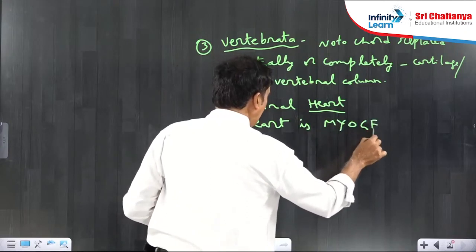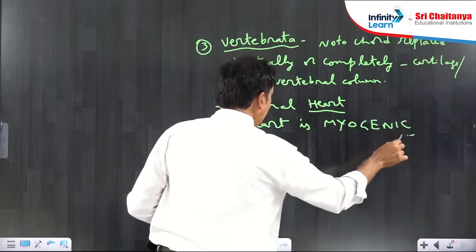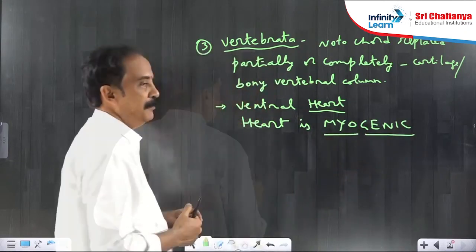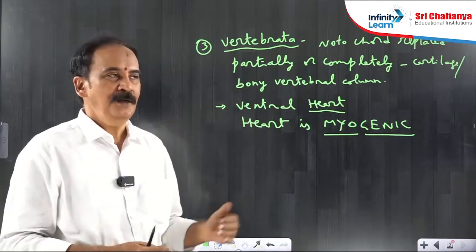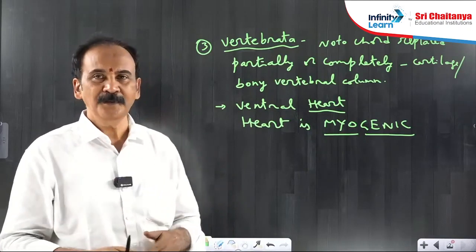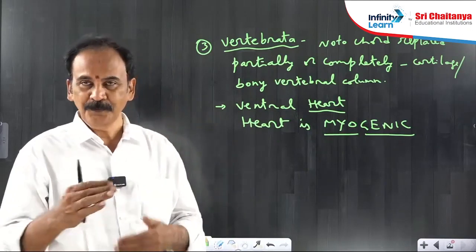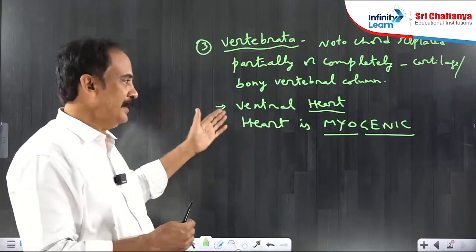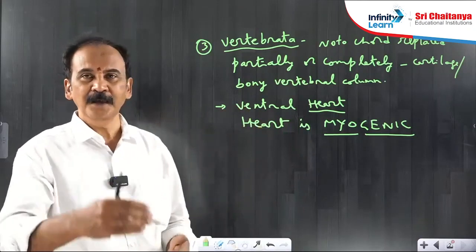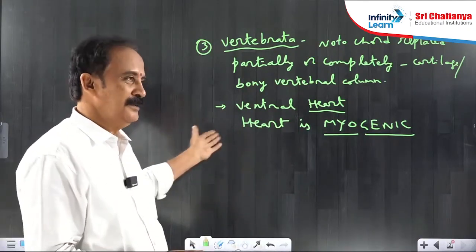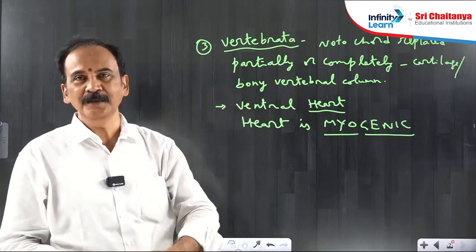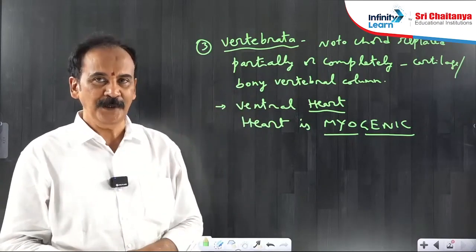The heart in chordates or vertebrates is myogenic. Myo means muscle, genic means origin. The heart is not regulated by the nervous system, it is regulated by itself. Some of the cardiac muscle fibers get modified as pacemaker, and the pacemaker starts the beat. Whereas in non-chordates it is neurogenic, that means the nervous system controls it.